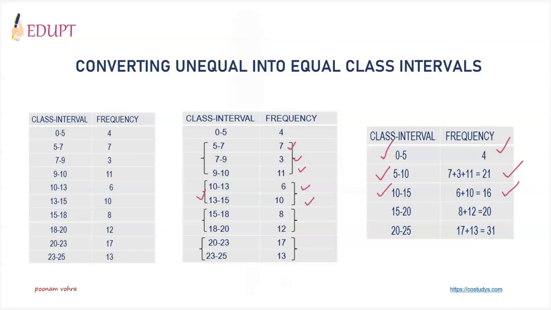Similarly, we can club 15 to 18 and 18 to 20 class intervals and have the total frequency of 20 by adding both the class frequencies. And lastly, it is 20 to 23 and 23 to 25 clubbed as 20 to 25 with the addition of both the frequencies, 17 plus 13, it is 30.